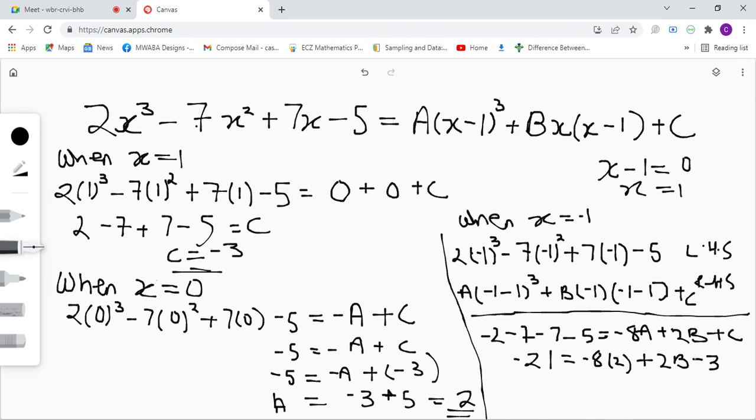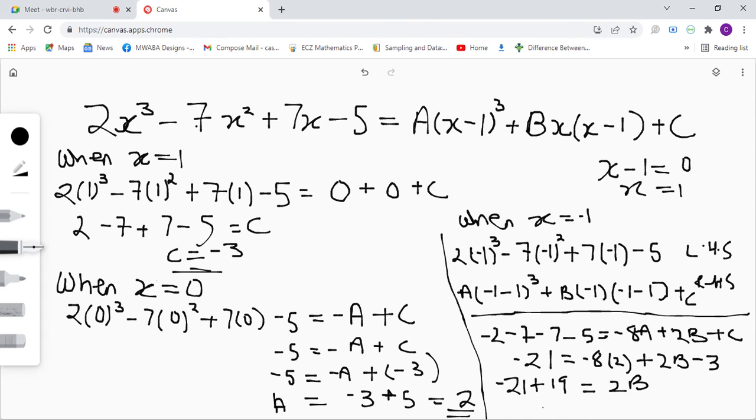That's negative 19. So if we take negative 19 onto the left-hand side, we're going to have negative 21 plus 19 equals 2b, all right?